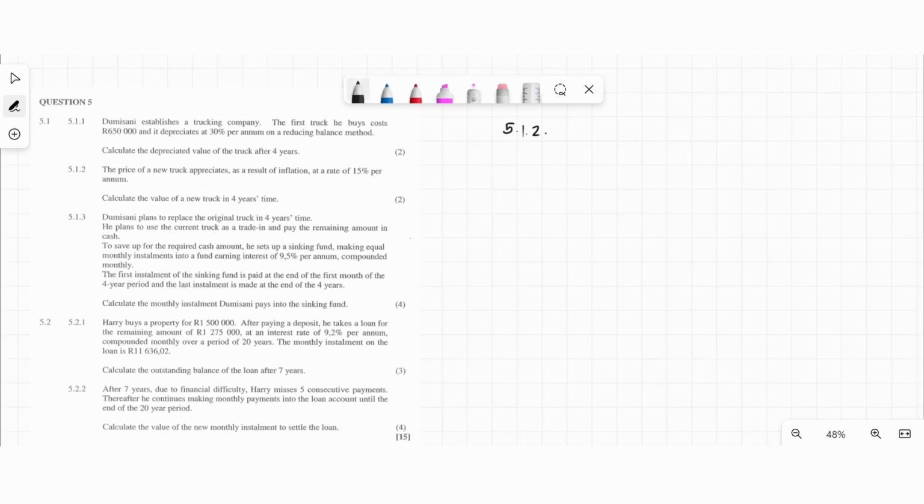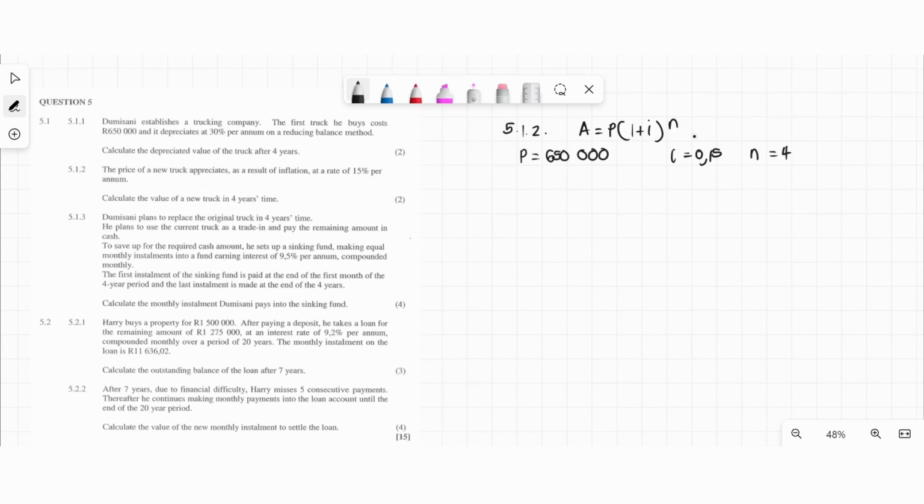So 5.1.2, they say the price of the new truck appreciates as a result of inflation at a rate of 15% per annum. Then they say calculate the value of the truck after 4 years. Because of its appreciation we need to use the same formula, but instead of a negative we add a plus: 1 plus i. Our P is going to be the same as in the first question, and our i is going to change because it's 15%, so it's 0.15. Then n is the same because they said after 4 years.